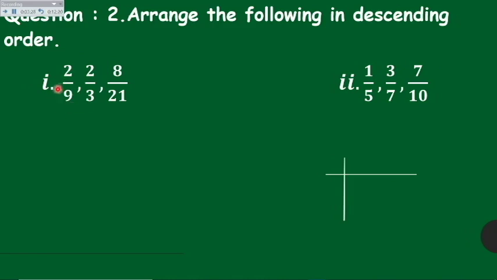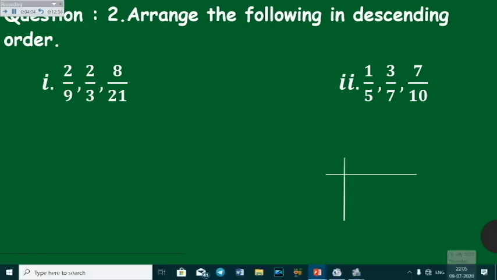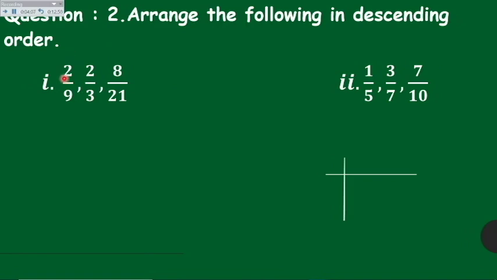What we write in the denominator place is the total parts. So here we need to convert these fractions into like fractions. So what is the step? I already explained this in the previous part.